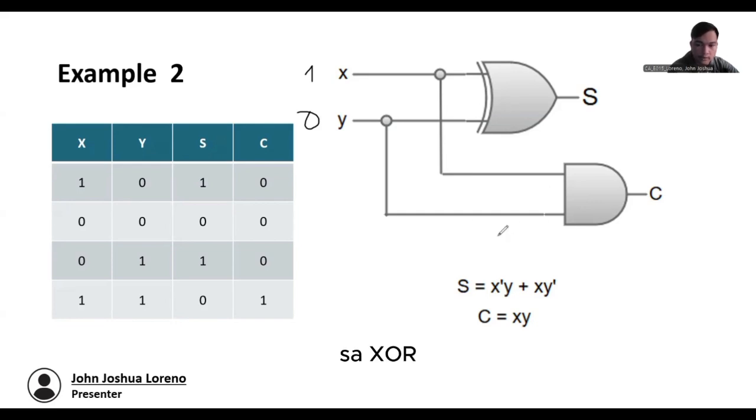Sa XOR, kahit sa isang 1 lang dito sa dalawang inputs natin, tulad dito sa third row na may 1 din siya, ang magiging output niya ay 1 ang sum at 0 si carry.